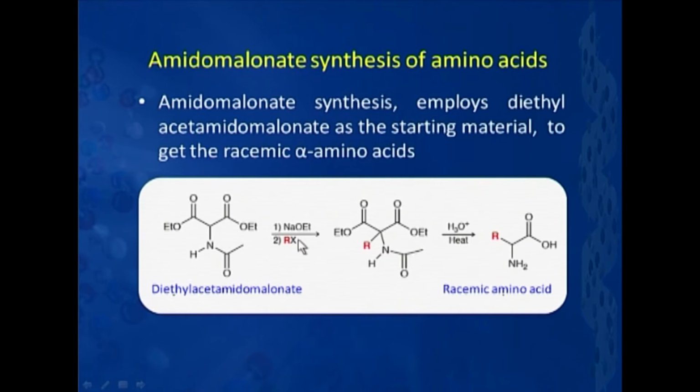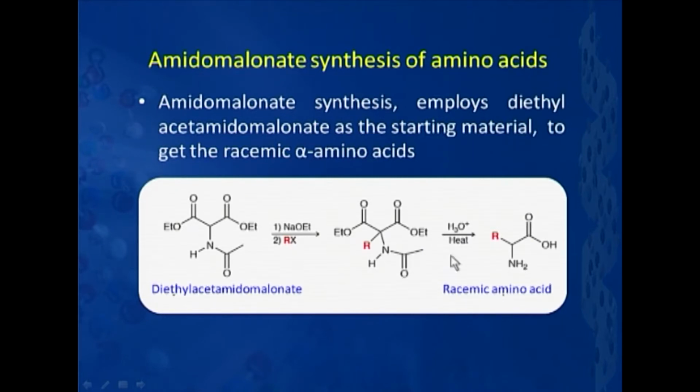As a consequence, we get an alkyl substitution at the position alpha to the two esters. There are two carbonyl groups over here. Thereafter, we undertake the hydrolysis. When we do hydrolysis, two things happen. One, we generate a carboxylic acid group, as we just learnt earlier, and secondly, this acetamido group also gets hydrolyzed, and you get a free amino group there.